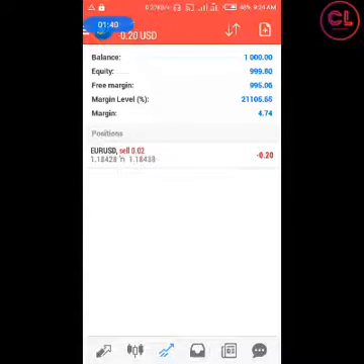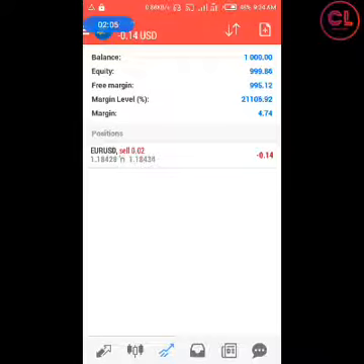Because there are some instances when I opened a trade, I did not set the take profit. The trade went up and I made a lot of money, but because I did not set the take profit and I was not around to close the trade, the market started going down, and before I knew what was happening, I was now at a very great loss. I lost a lot of money in the trade, all because I did not set my take profit.